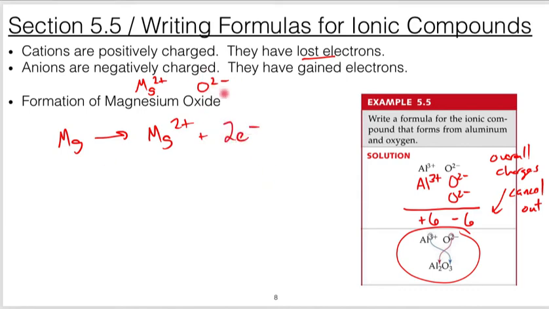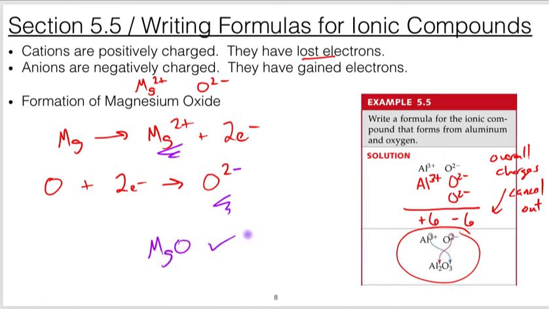How does oxide get the -2 charge? Well, oxygen is going to gain 2 electrons. And then once they have that formula and that formula, they're going to come together. Equal and opposite charges, MgO. And that would be the formula for that compound.